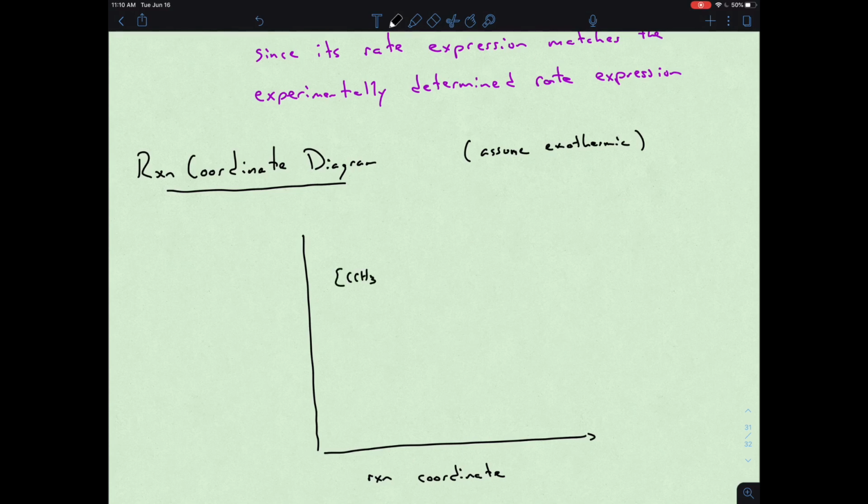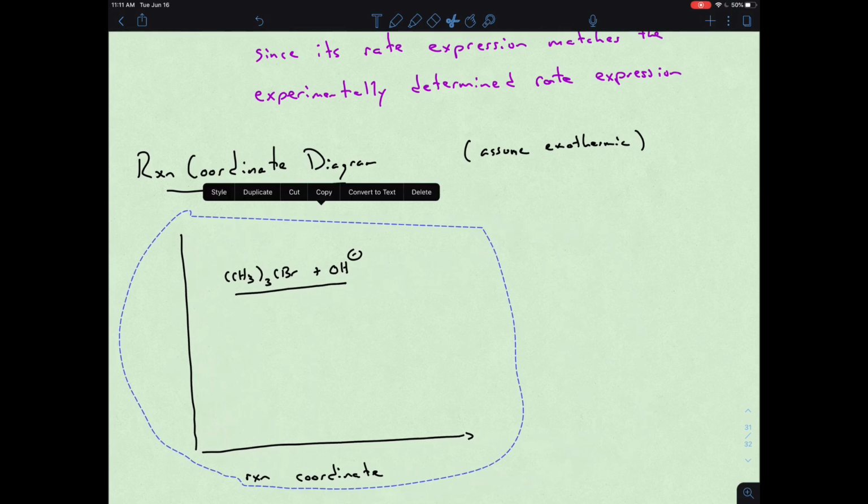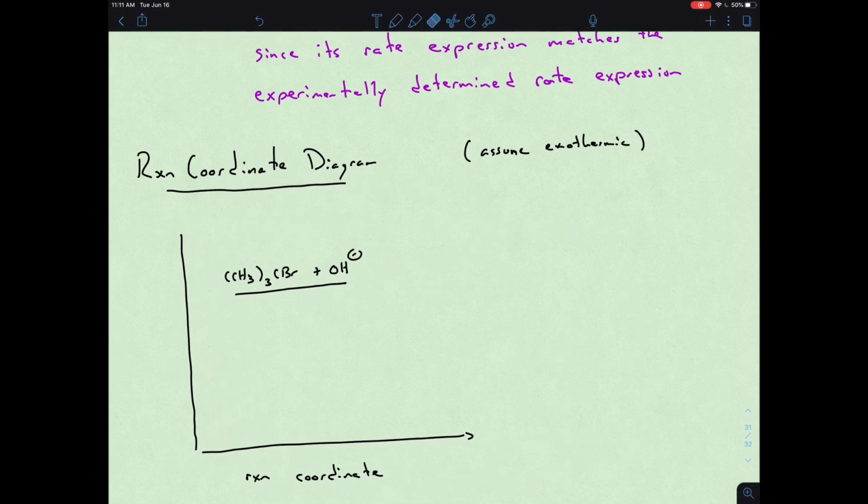So we have our 2 starting materials, the bromine containing molecule and the hydroxide. There's our starting materials going all the way over to then our products.